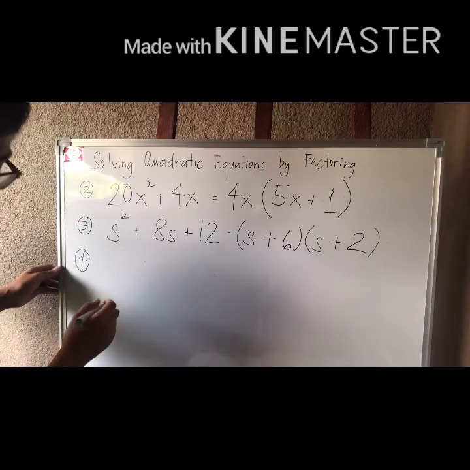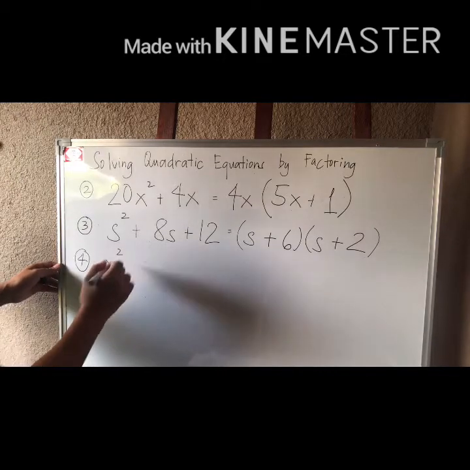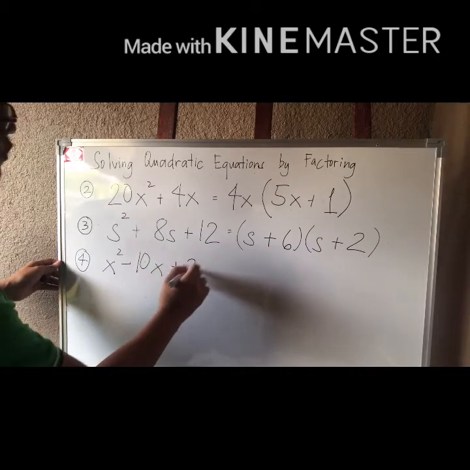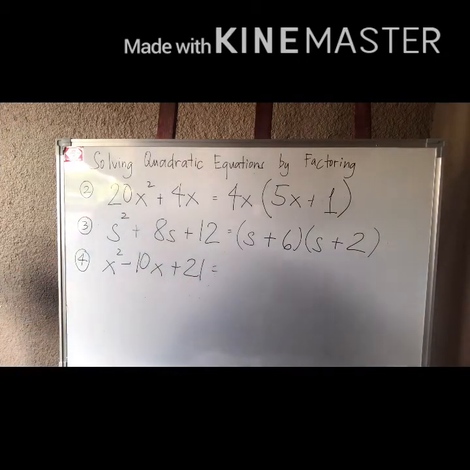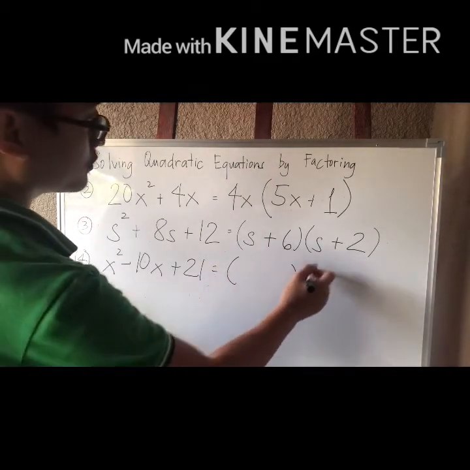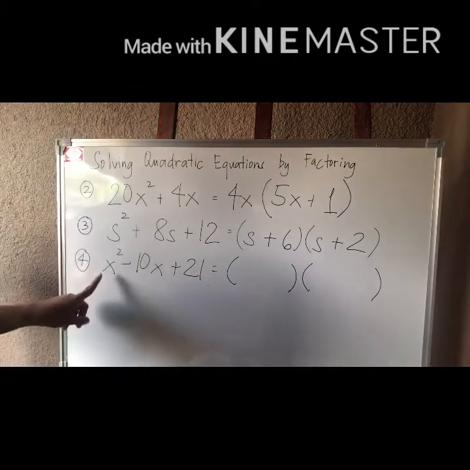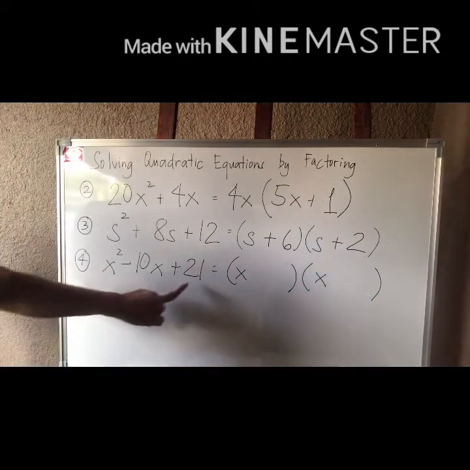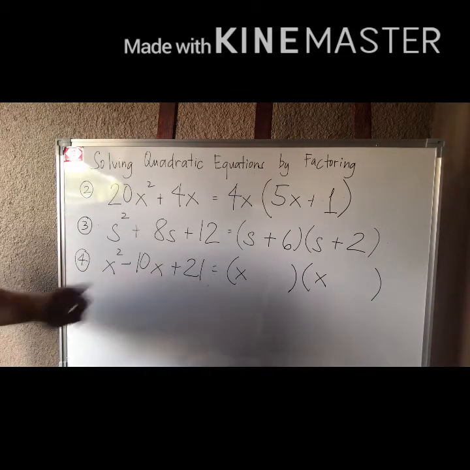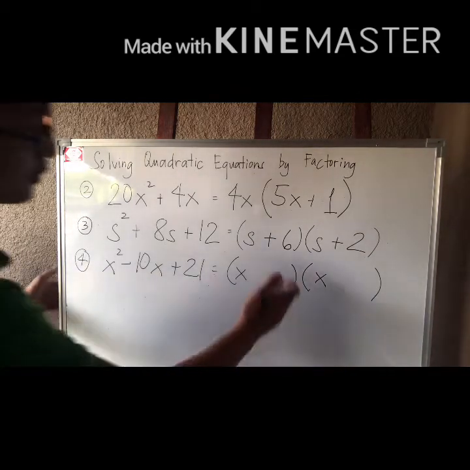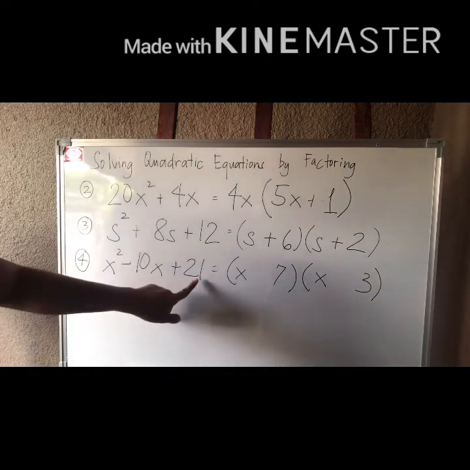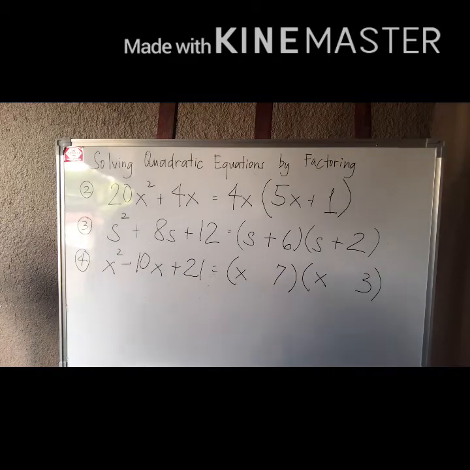We have x squared minus 10x plus 21. Okay. Same. We're going to factor the first term, x squared, so that is x and x. Factors of 21 that will give us a sum of 10. So that is 7 and 3. So 7 times 3 is 21.